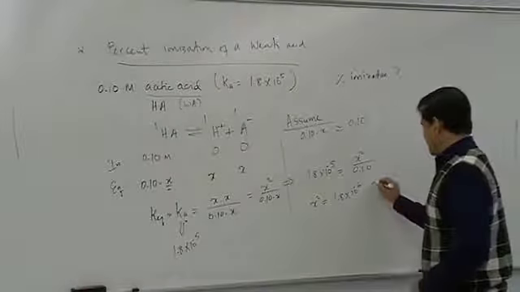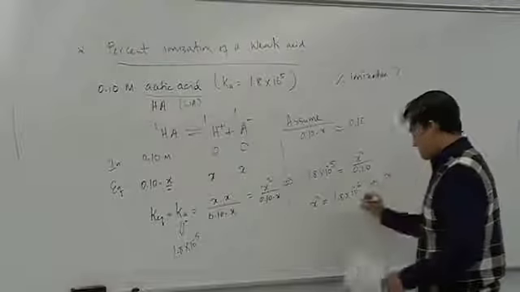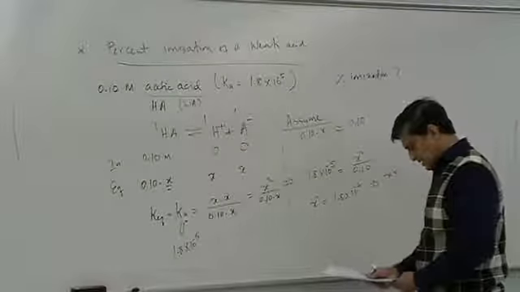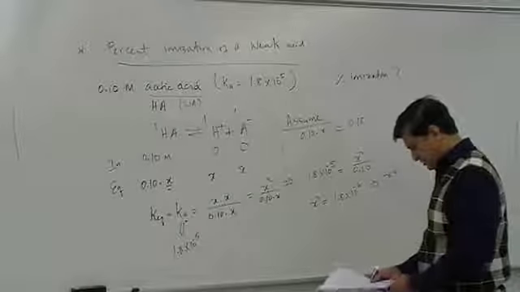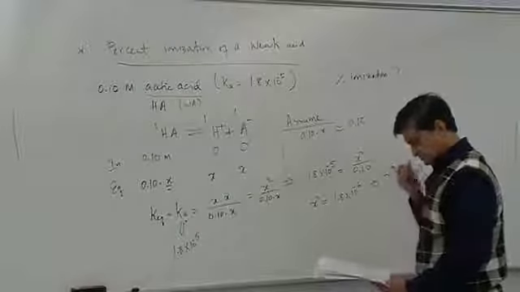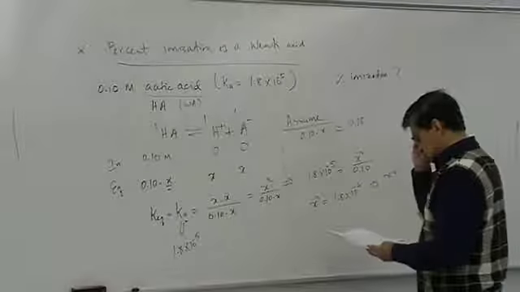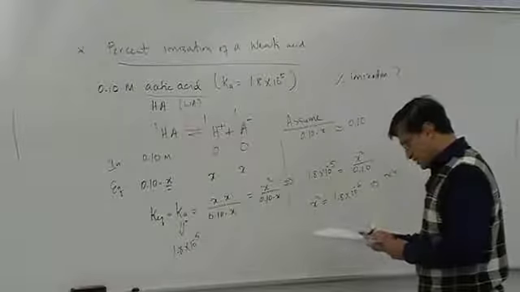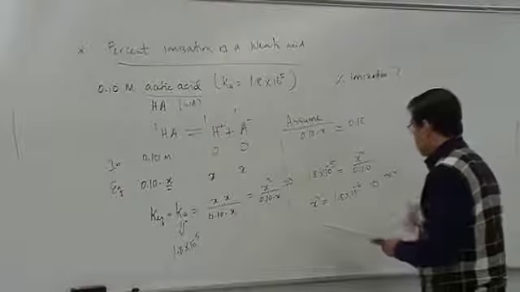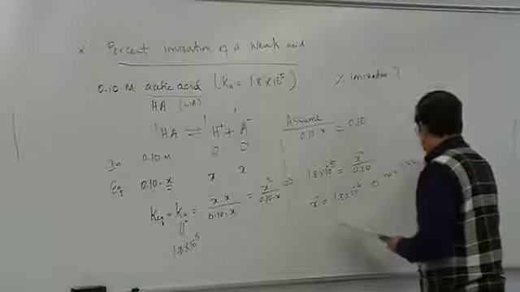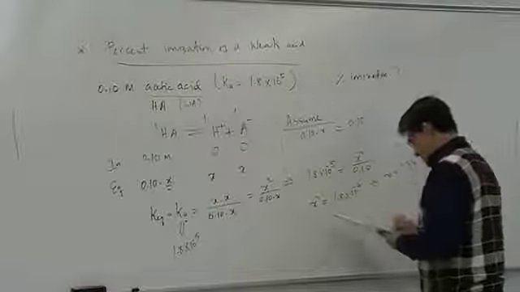From here, I can find the X value, which will be the square root of this number. That gives you 1.34 times 10 to the negative 3. That's the value that I got, but you should double check my numbers.